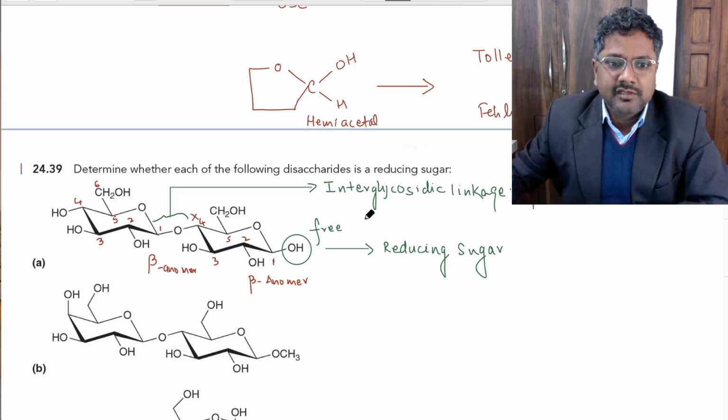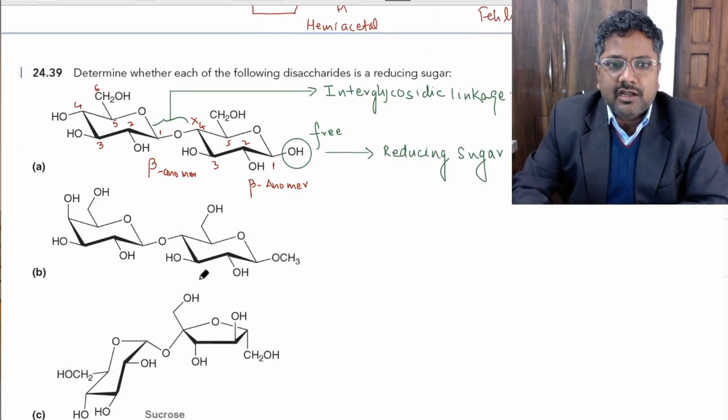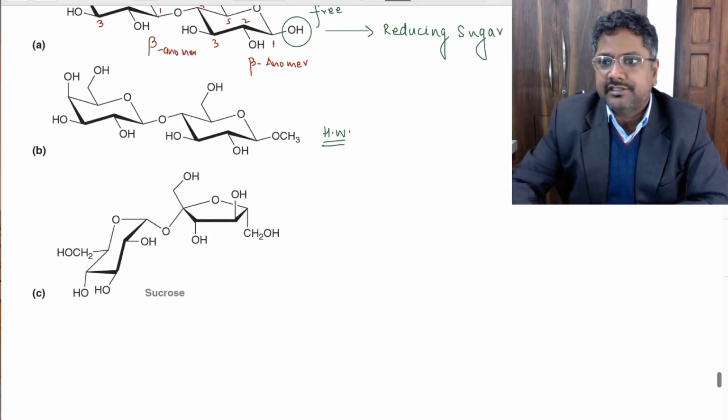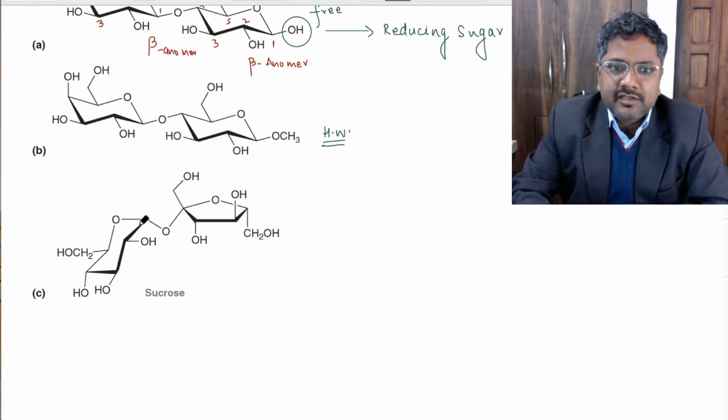Okay. Now this question, all of you should do. This is homework. Do it yourself. Now I'm explaining this. This is sucrose, table sugar. This is the glucose unit, this is the fructose unit. First you do the numbering, identify 1, 2, 3, 4, 5, 6.